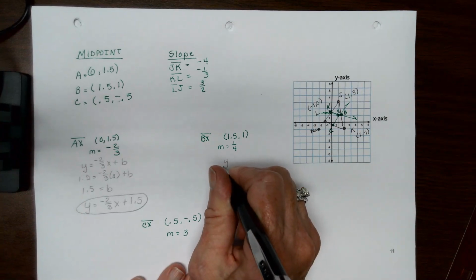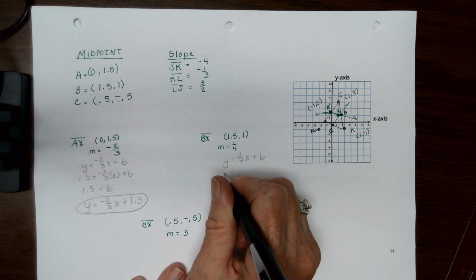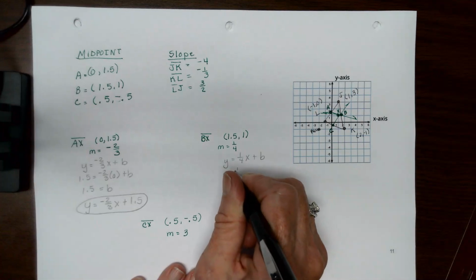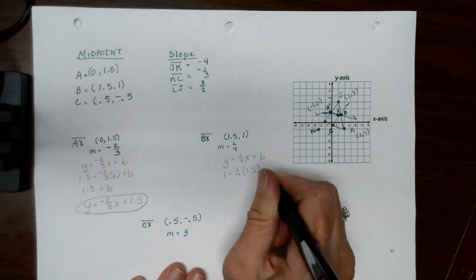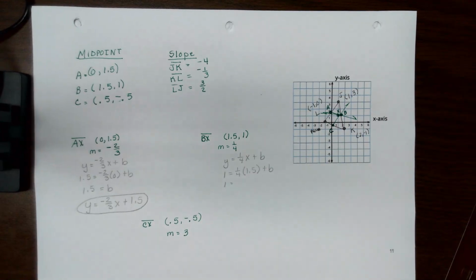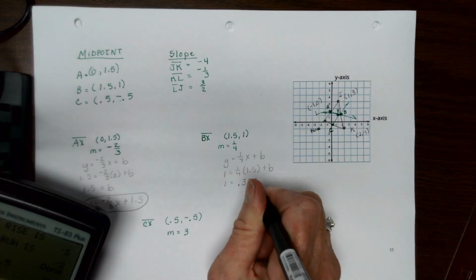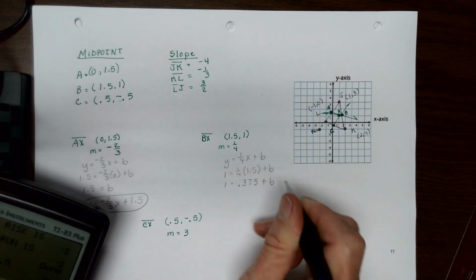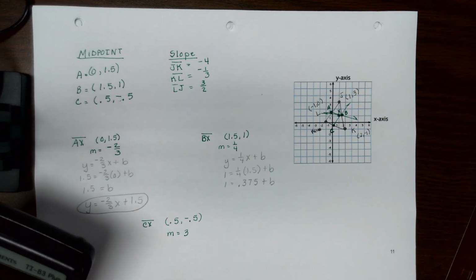This one I'm going to do the same thing. So I have y is equal to 1/4 x plus b. I'm going to plug in my 1 for my y and my 1.5 for my x, and that's going to give me 0.375 plus b, and then I'm going to subtract 1 minus the 0.375.